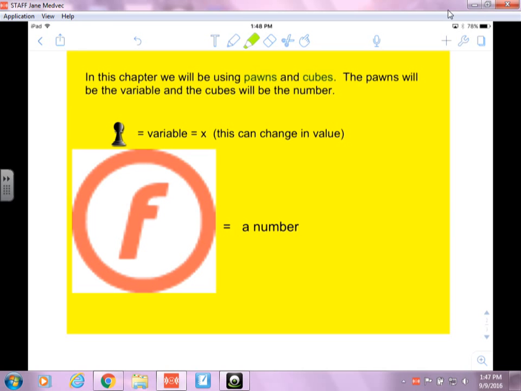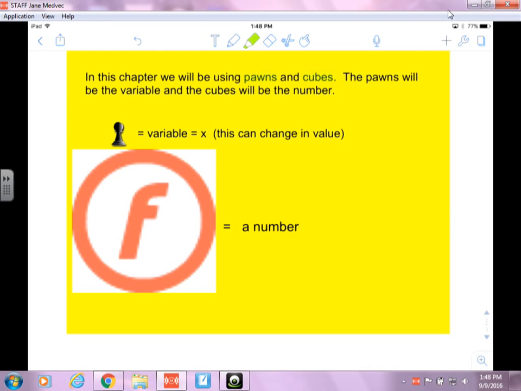You could use Y, Z, M, alpha, beta, gamma, whatever you want. But for our purposes, we're going to use X, and it can change in value. That's why it's a variable. So that pawn could be 2, it could be 10, it could be 15, it could be 1,000,000. So the pawn varies in value.